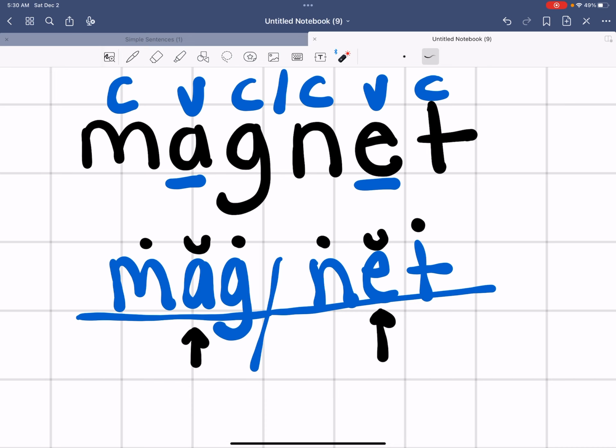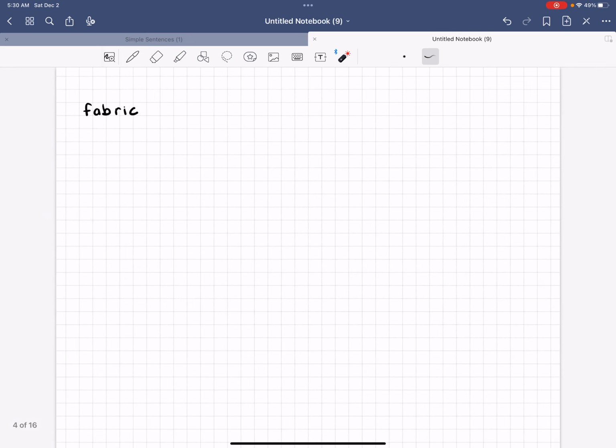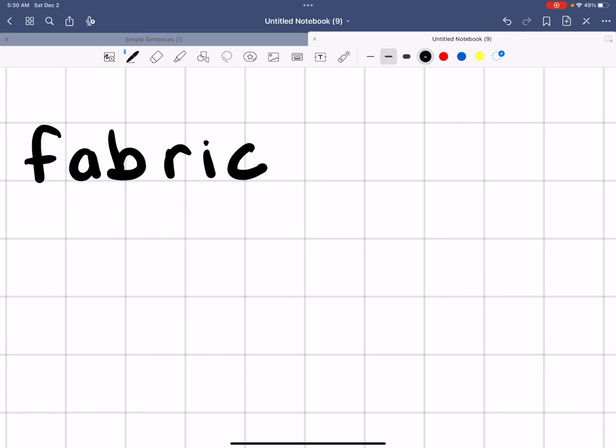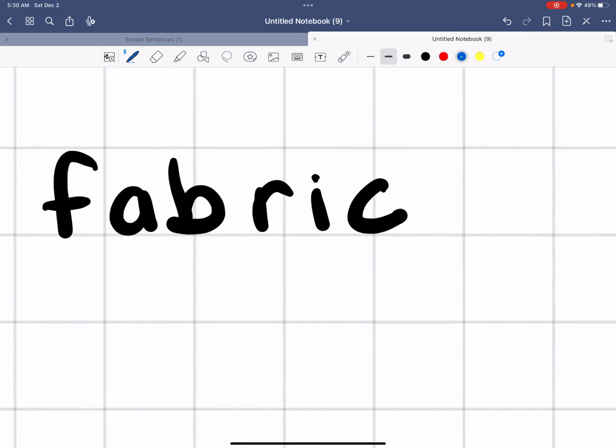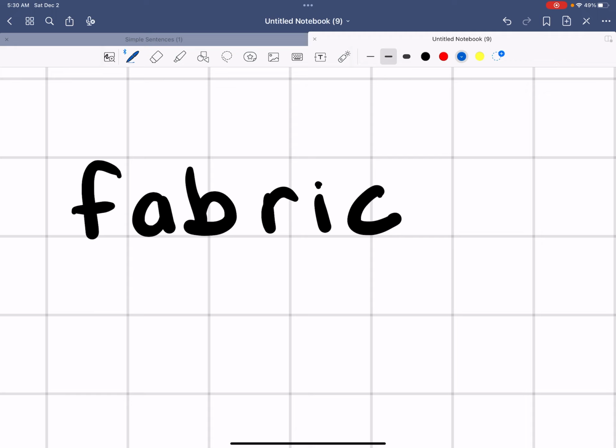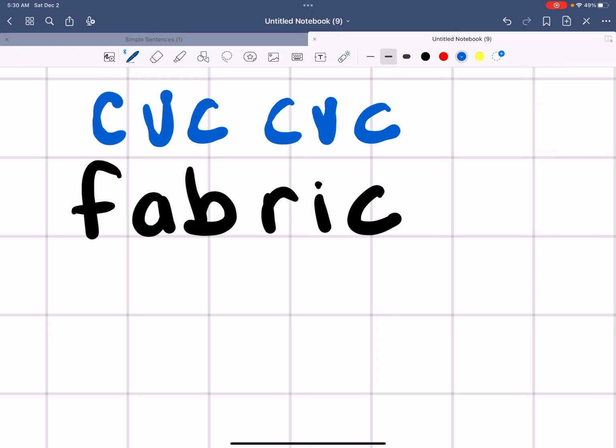All right, moving on. The more we go into these words, the less we'll talk about the rules, but right now, since we're barely starting, we're still talking about the rules for another two or three more words. So we have the word fabric. Again, let's break it up into its letters. First F, consonant, vowel, consonant, consonant, vowel, consonant. Here we break it up because that's where the consonants break up. Let's look for the vowels.